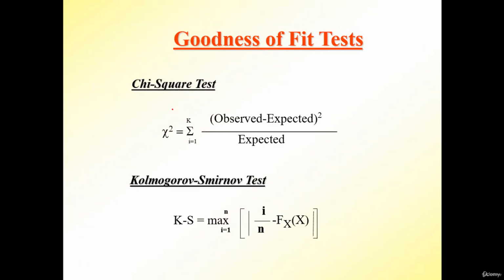If you don't have a distribution but you have data, we have the curve that we mentioned, from the data, as we discussed in statistics in the previous sections. So we apply the chi-square or Kolmogorov-Smirnov test.